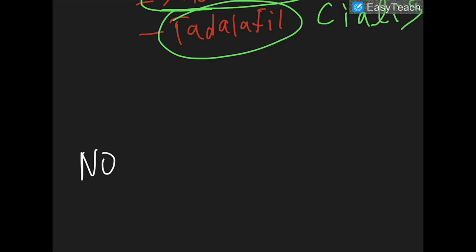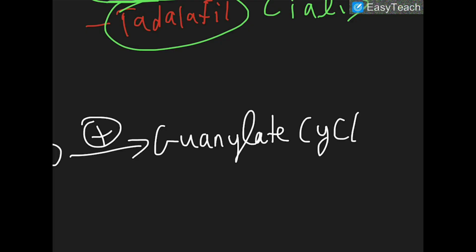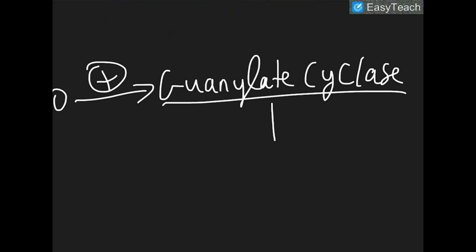Remember, when nitric oxide goes into your smooth muscle, what does it do? It activates guanylate cyclase.